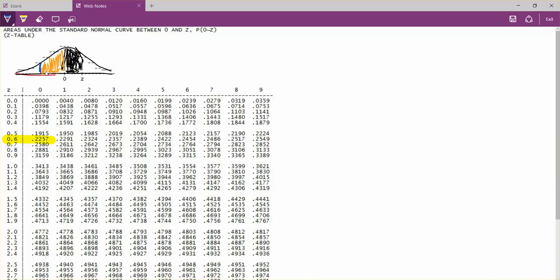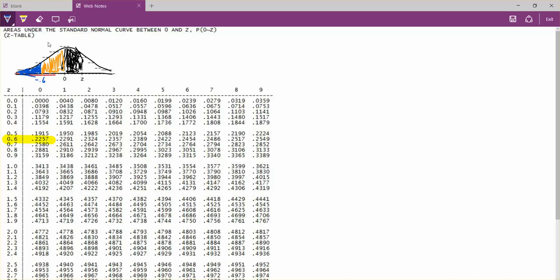The z value that I just looked up gives me the orange shaded area, but what I really want is this blue shaded area, because this technically is where the minus 0.6 is. So I want the probability of losing money, so that would be from the minus 0.6 standard deviations away from the mean all the way to the left.